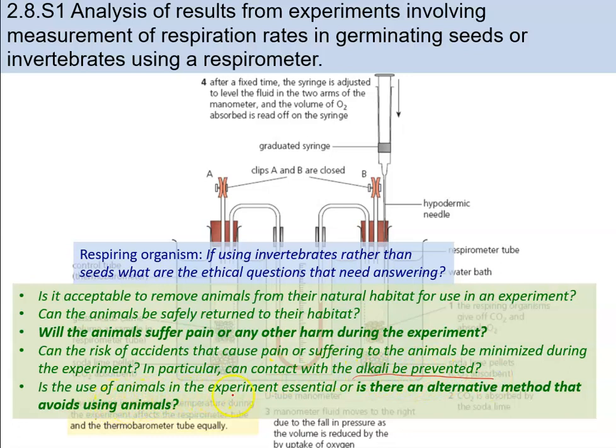Is the use of animals in the experiment essential, or is there an alternative method that avoids using animals? I think this is the key question at the end. Once you have the alternative, there's no way that you want to use an animal. This is similar to the enzyme experiment. If you can use potato, there's no need to use liver for that type of experiment.